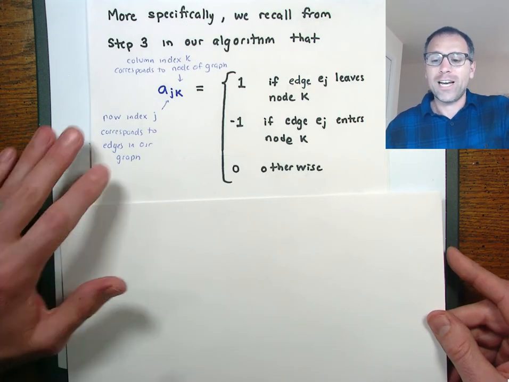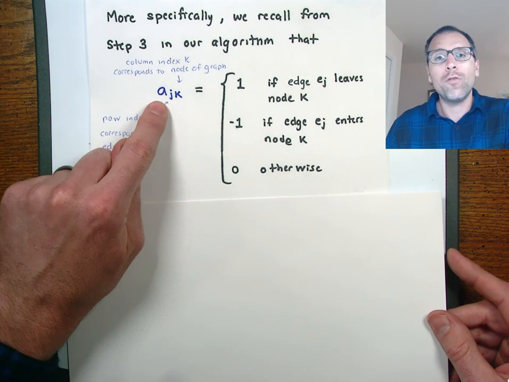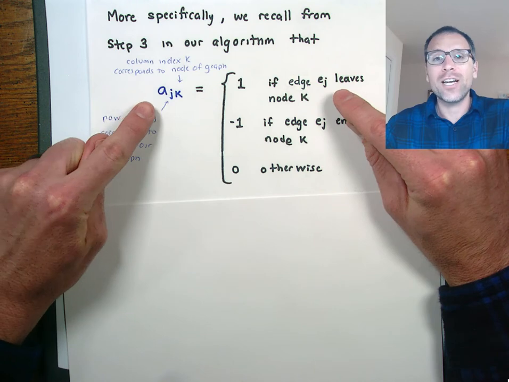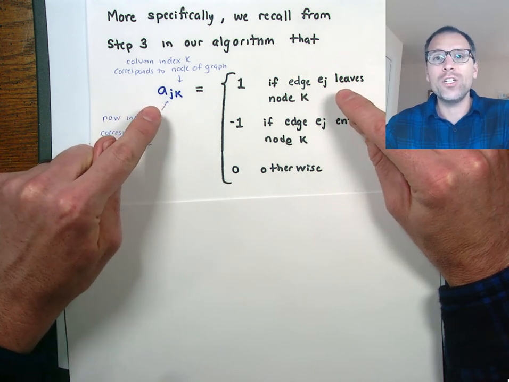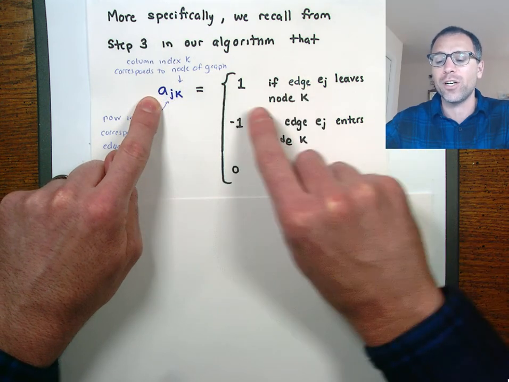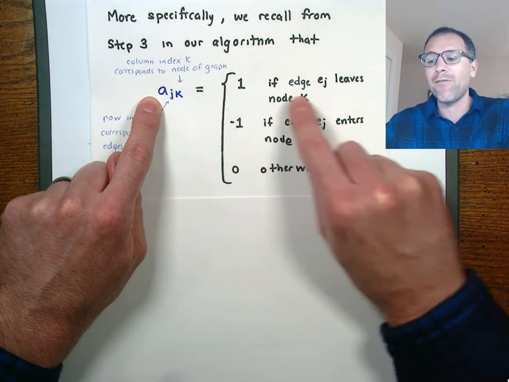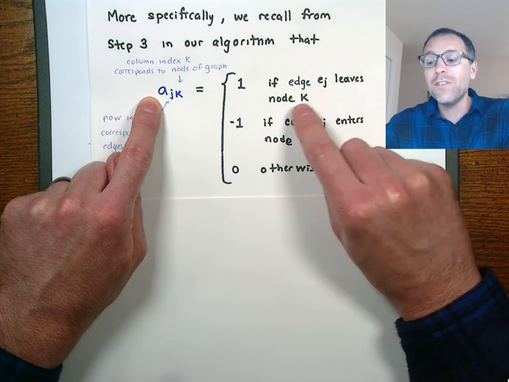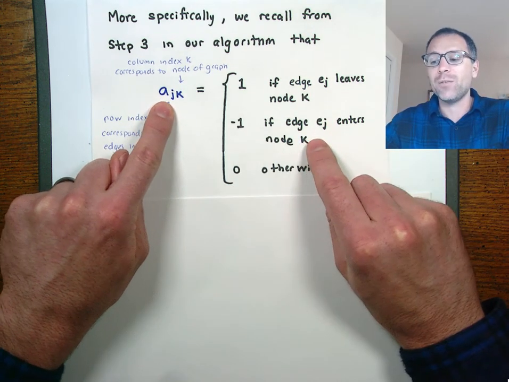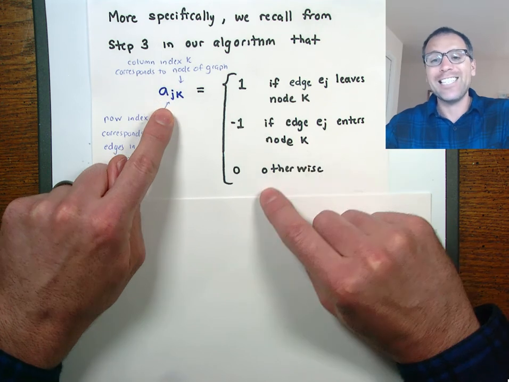But in step 3 of this algorithm, we recall that the individual coefficients of the entire incidence matrix are determined by the interconnectivity between the edges and nodes in my circuit. So if I wanted to find the jkth entry of my incidence matrix, I say that entry is 1 if edge E sub j leaves node k, it goes out of the node k, -1 if edge E sub j enters node k, and 0 otherwise.